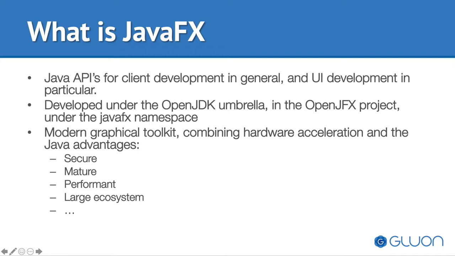OpenJFX has its own project, the OpenJFX project, and the APIs that are being developed there are in the javafx namespace. So it's javafx.application, javafx.scene, and so on. Those are the packages that contain the JavaFX APIs and implementations. So while it is not a part of the core OpenJDK, it is part of the OpenJDK umbrella.